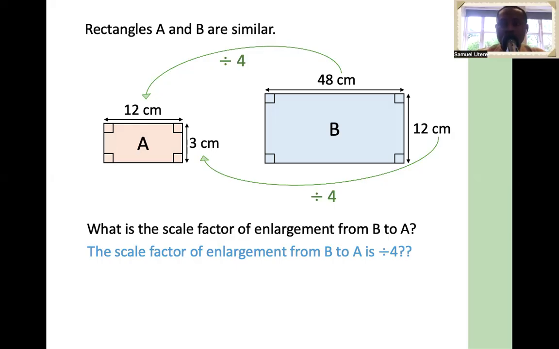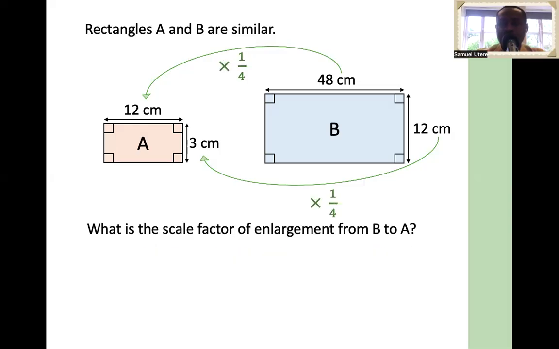So the correct way to say it is the scale factor of enlargement from B to A is to divide by 4. But remember what I said. We want to stay consistent with the language of multiplicative relationships. So, divide by 4 doesn't sound quite right, does it? Let's change it. It is to multiply by a quarter. So the scale factor of enlargement from B to A is 1 over 4.